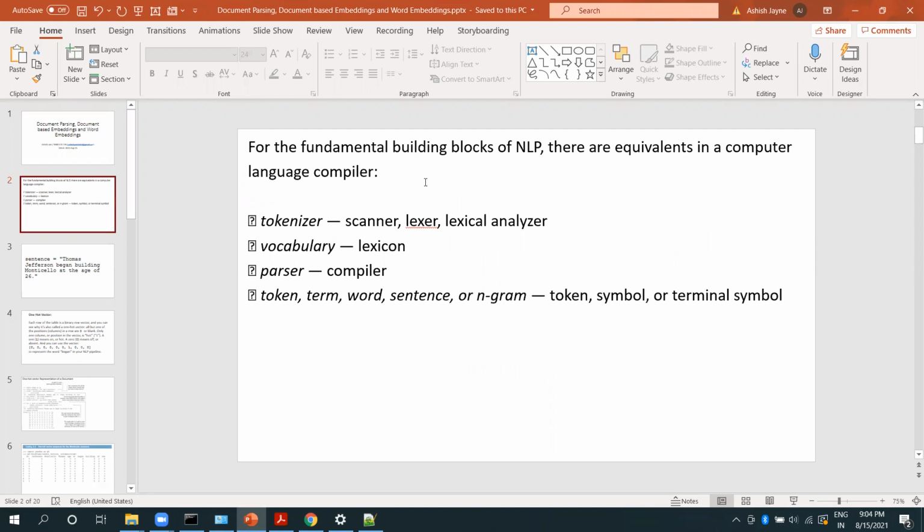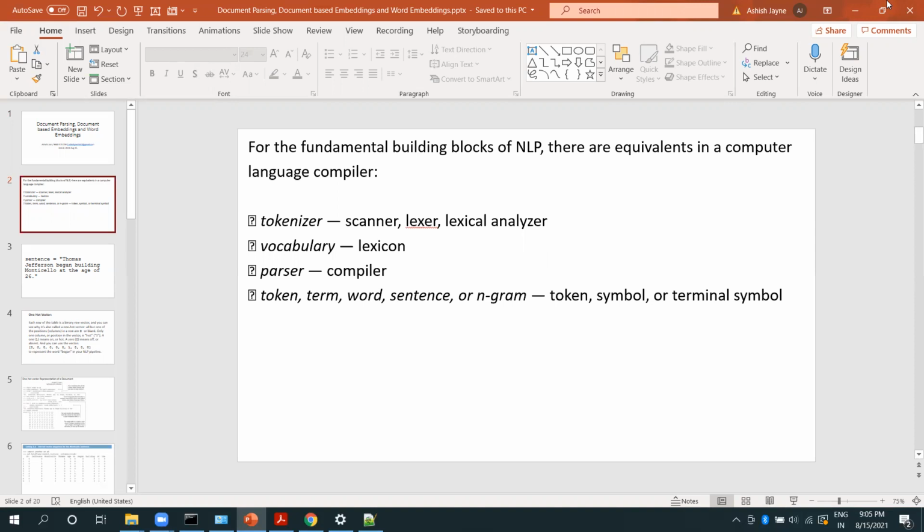Now, when we compare the steps of natural language processing with their equivalents in a computer language compiler, there is the tokenizer, which essentially means that you are given a sentence and you have to take out words from it, or maybe characters. But if you take out characters and build your vocabulary on that, it will lead to huge memory use, and most of the time people are okay with using words.